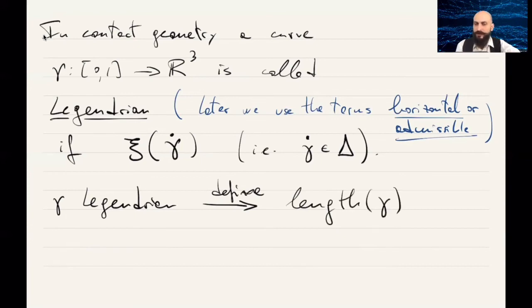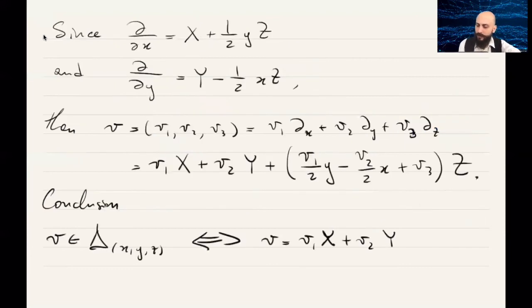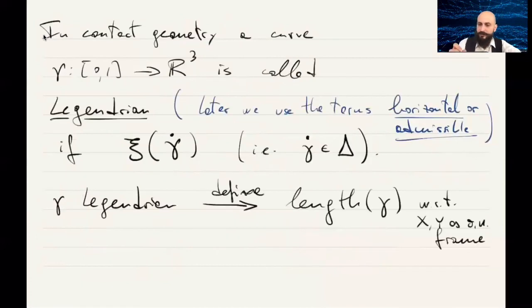This is the length with respect to X, Y as orthonormal frame. However, from what we saw before, the length of this vector is equal to the length of the projection onto the plane. It's only the two coordinates of the vector that are important. Okay.